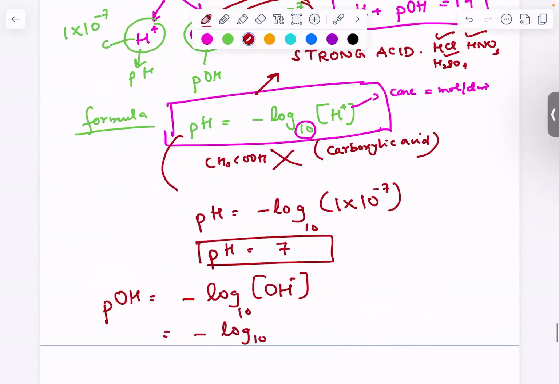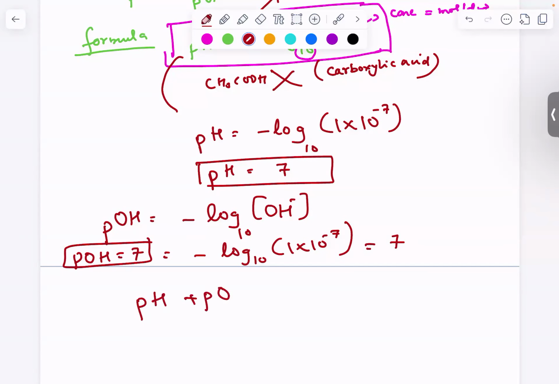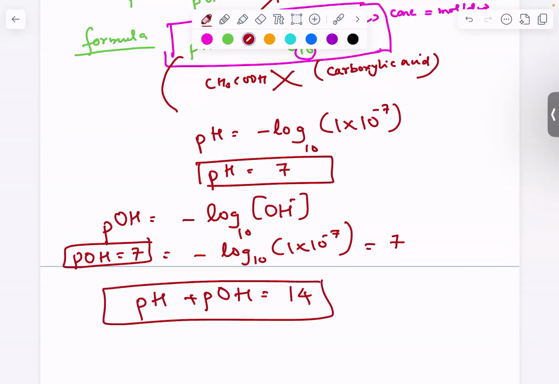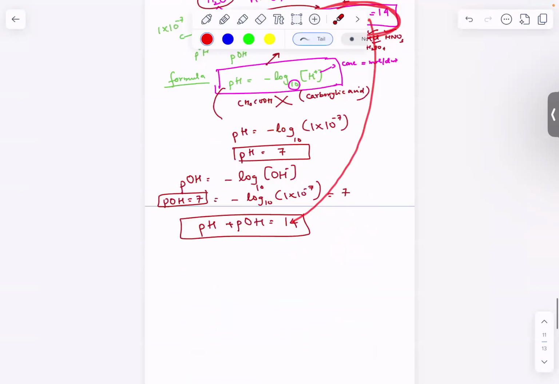Put the value and you are again going to get 7. So pOH will also be 7. Now add them up. pH plus pOH is equal to 7 plus 7, 14. Is it proved? This formula. Have a look here. Clear? Well done.